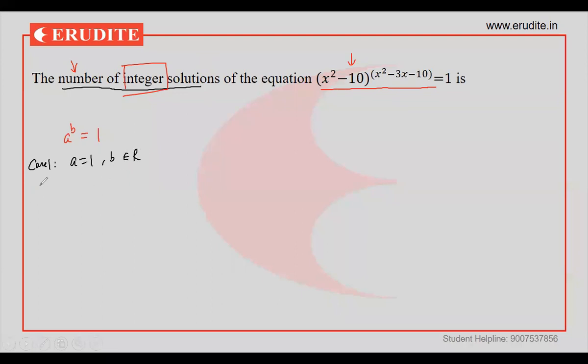Case number 2 is possible when b is equal to 0 and a belongs to any real number. Case number 3 is possible when a is equal to minus 1 and b is an even integer.